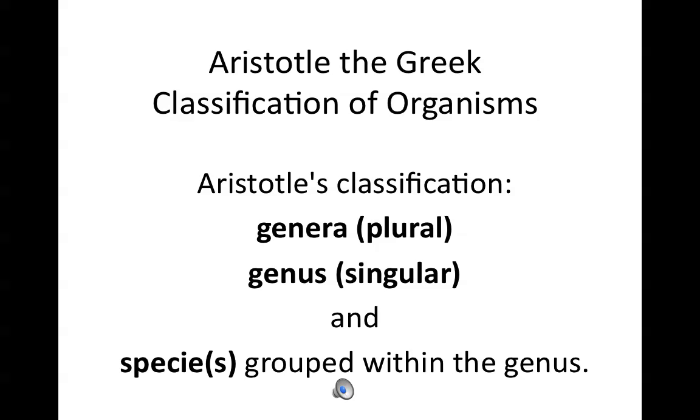It was a very broad classification scheme. Today we use a more specific type of scientific nomenclature, or naming system, but Aristotle started it many hundreds of years ago.